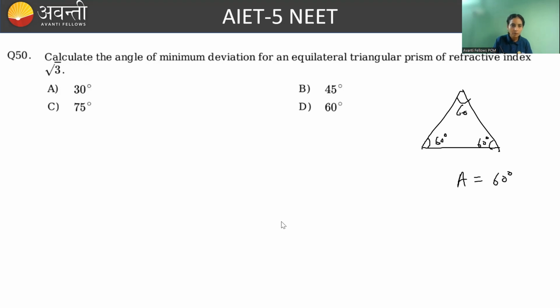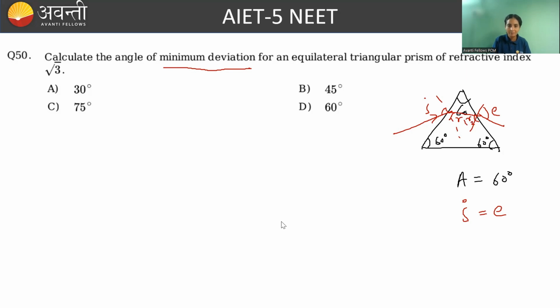Now, let's see, this is the incident angle, sorry, incident light. Draw the normal here. We have to calculate minimum deviation. When does minimum deviation happen? When i is equal to e. What is i? i is this. What is e? e is this. And if i and e are equal, this r1 and this r2 are equal.